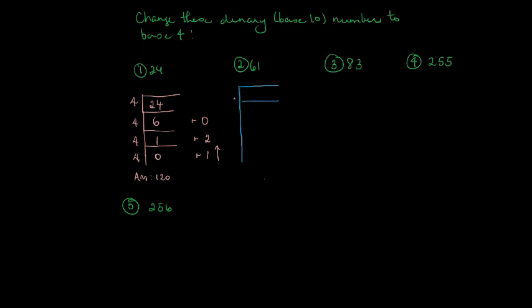Again, we want to go into base 4, so 4 into 61. How many times can 4 go into 61? Use a calculator. It's 61 divided by 4, and you get 15 times.